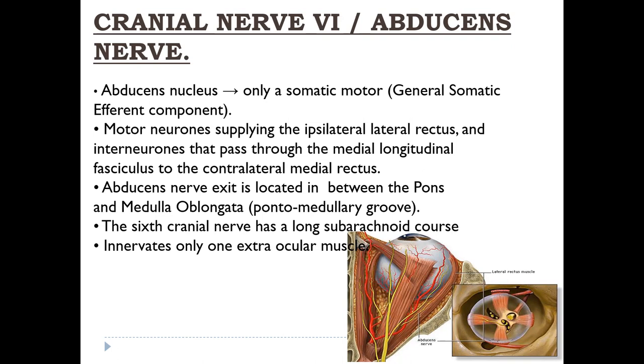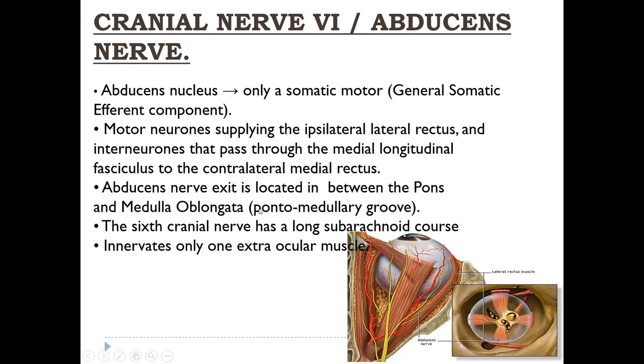That is cranial nerve number 4, which we just saw supplies the superior oblique, and then comes the abducens nerve, which supplies only the lateral rectus. The abducens nucleus is lying in the pons, so from the pons the abducent nerve arises from the nuclei.